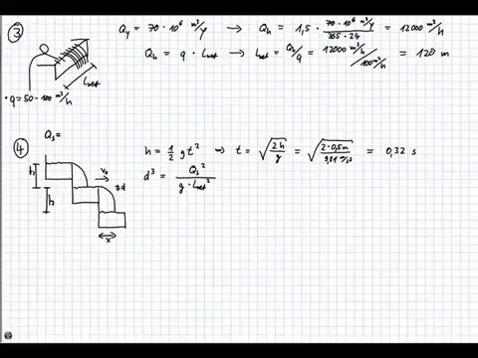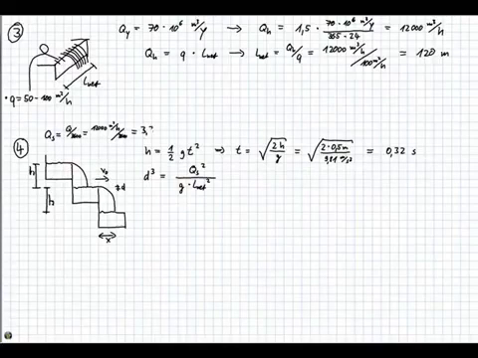The Qs flow per second equals the hourly flow divided by 3600. Hourly flow was calculated in the last exercise and was 12,000 cubic meters per hour, divided by 3600 is 3.33 cubic meters per second.